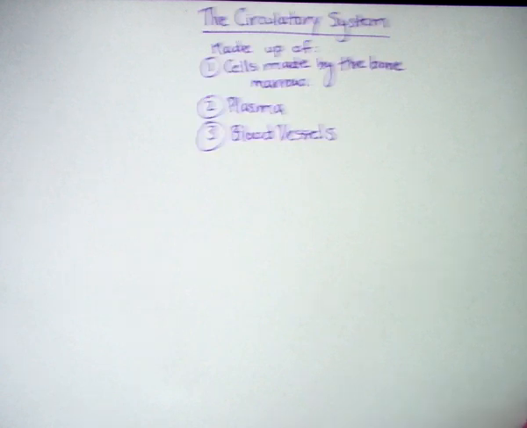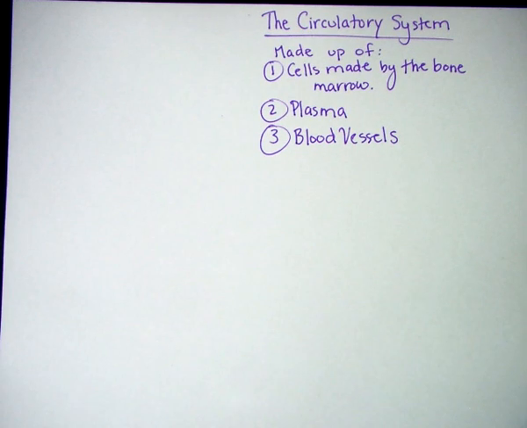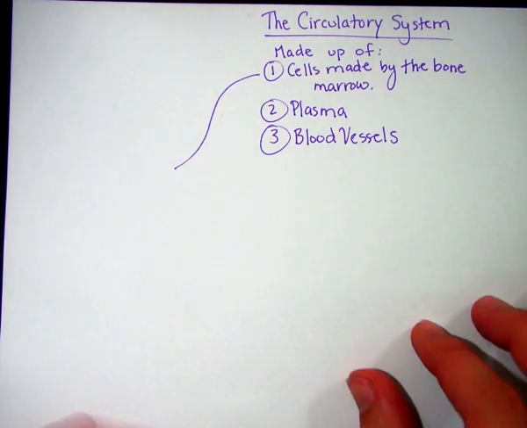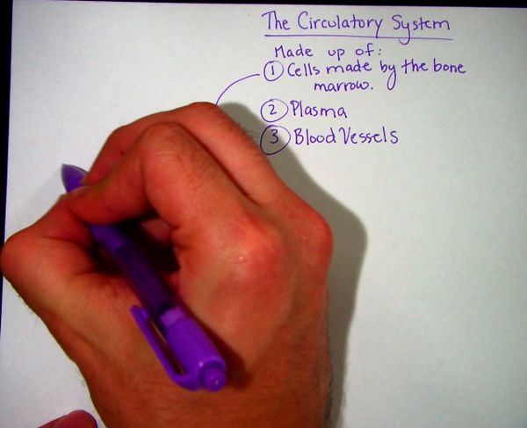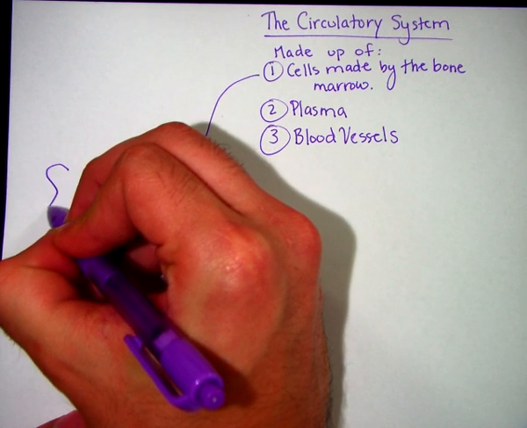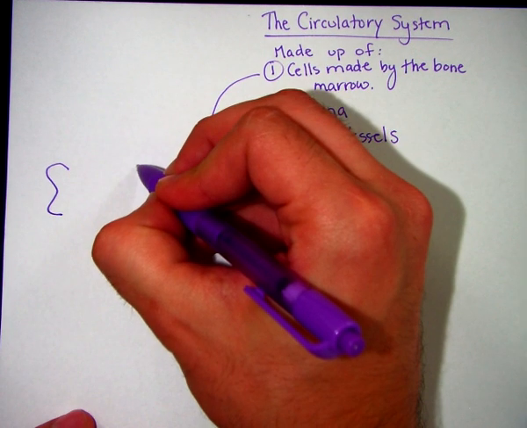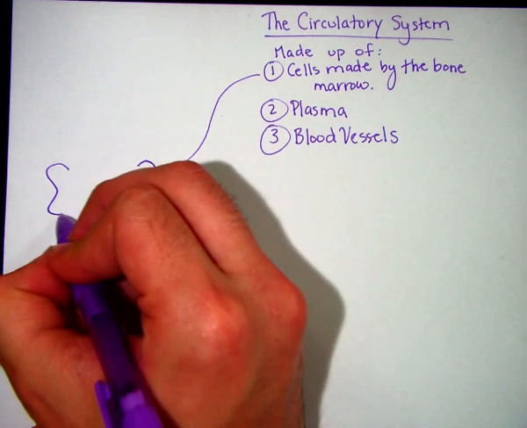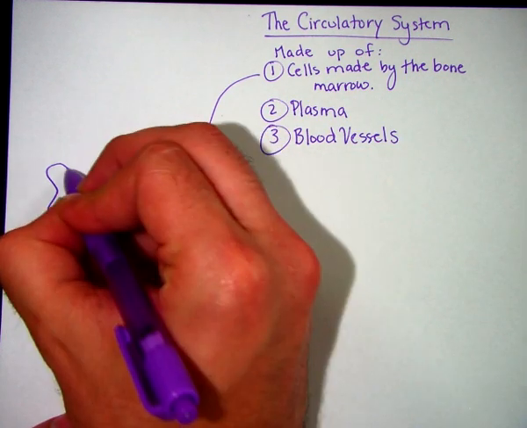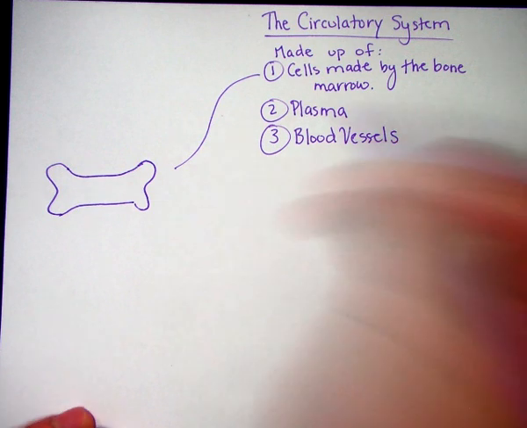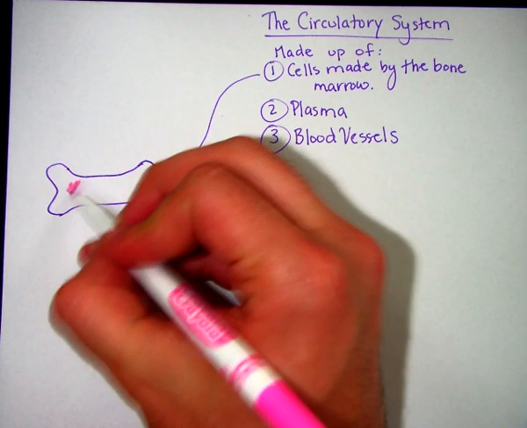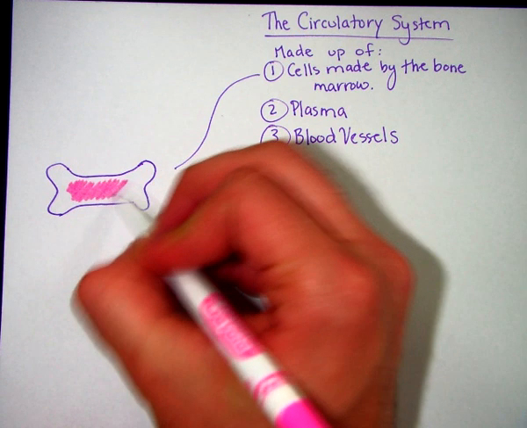Okay, so let's start with number one, the bone marrow. If we start with the bone, inside of every single bone, we have something known as bone marrow. It's this spongy substance in the middle of our bones.